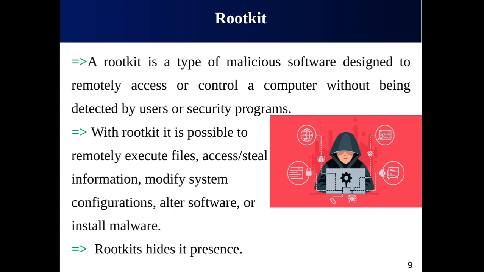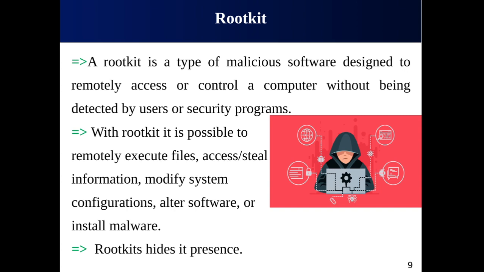It is a set of programs installed on a system to maintain covert access with administrative or root privileges, and also to hide evidence of its presence to the greatest extent possible.